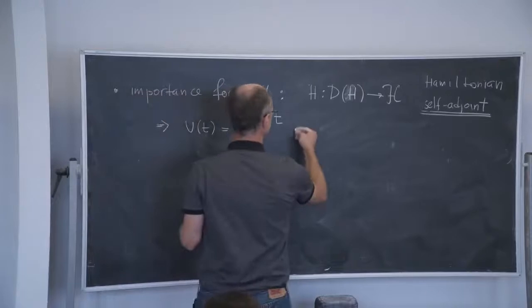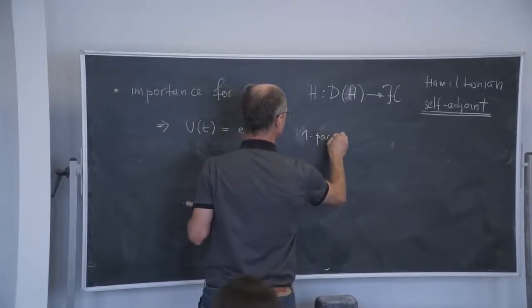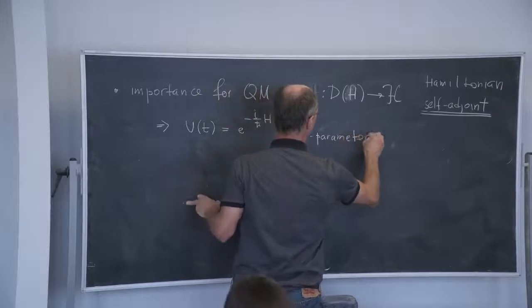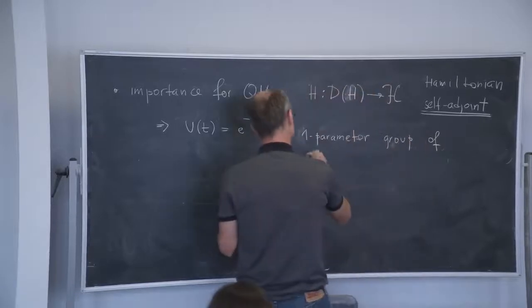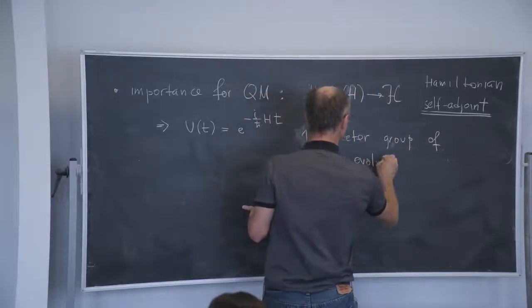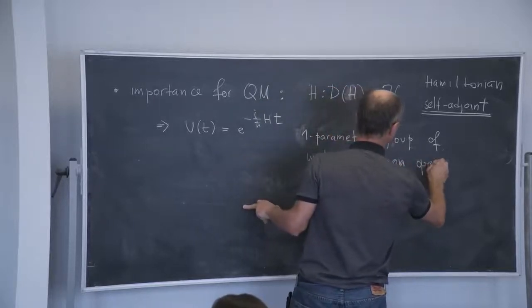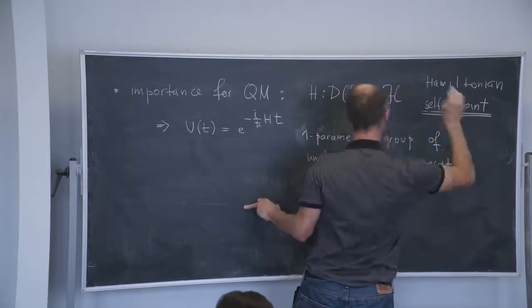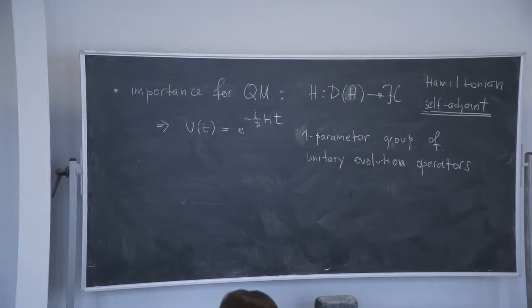So this is a one parameter group of unitary evolution apparatus. That's in particular why we are not happy with having merely symmetric Hamiltonians.